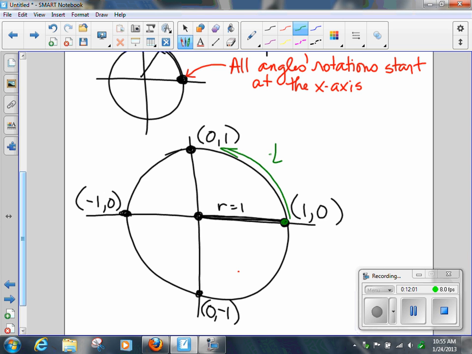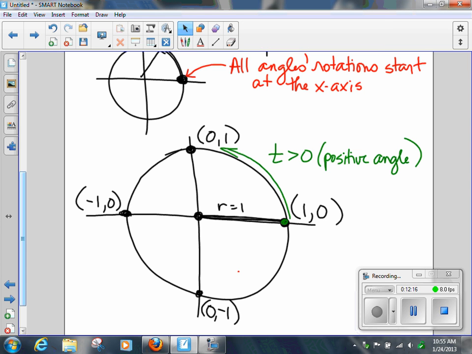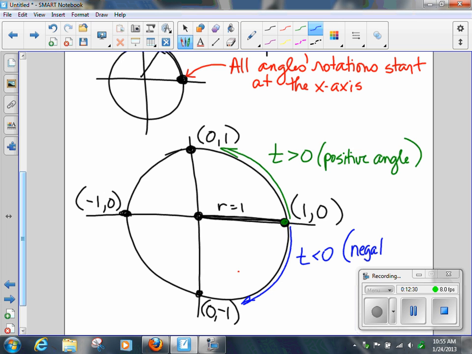So if our angle is greater than 0 or positive, that's going to be a positive angle in degrees or whatever. If it rotates downward, then the angle will be what? Less than 0, which means negative. And doesn't that just make sense? If it rotates up, it's positive. If it rotates down, it's negative, right?